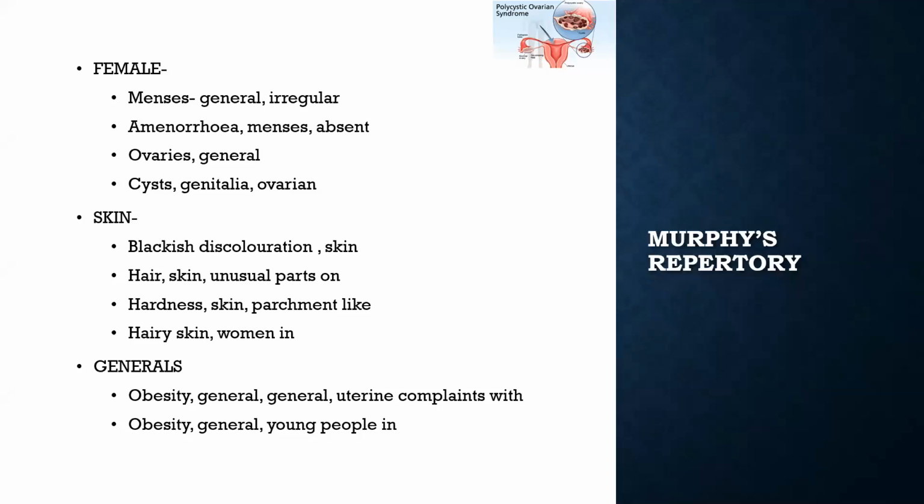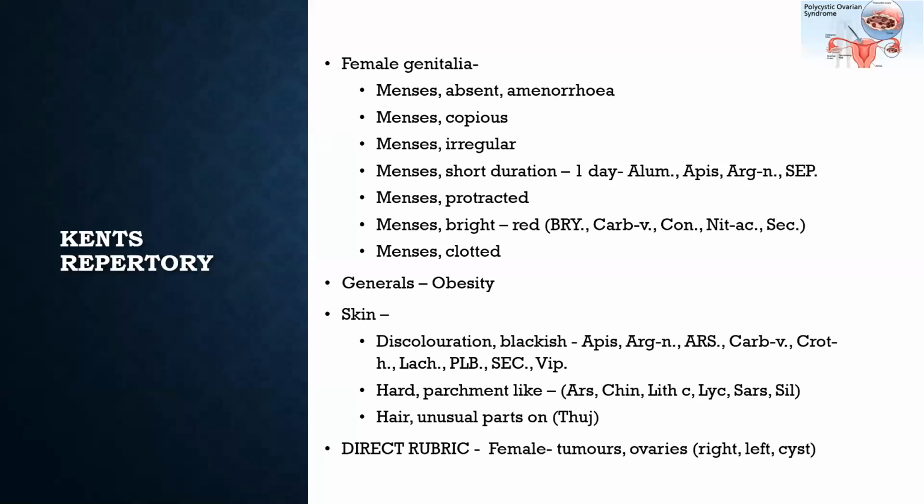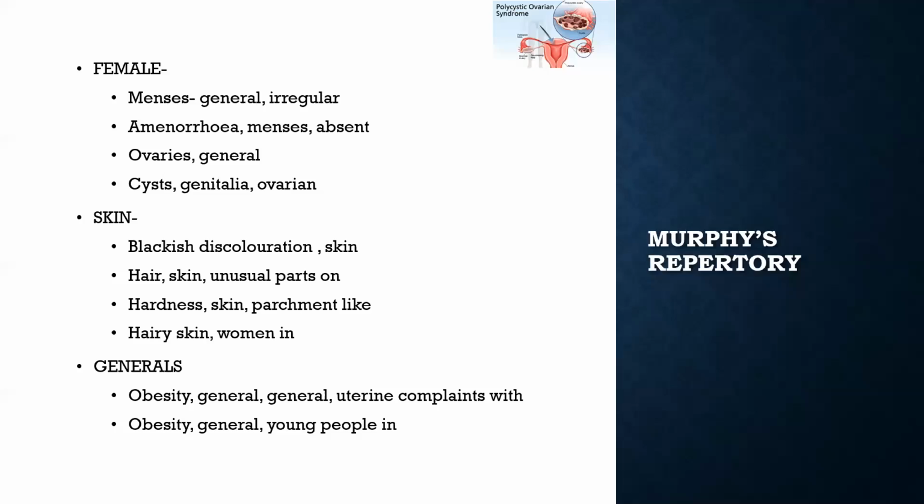Then blackish discoloration of the skin. Obesity, under generals, we can find a particular rubric called obesity, general, uterine complaints with. This becomes the important one. The other one in Kent's repertory, we just saw obesity. But in Murphy's repertory, they have with uterine complaints. That becomes important. Then obesity, general, young people in.